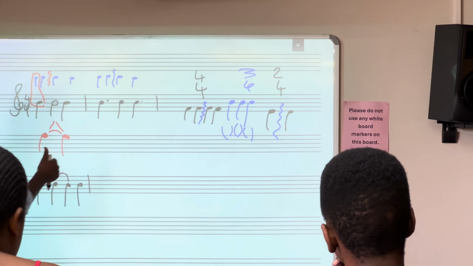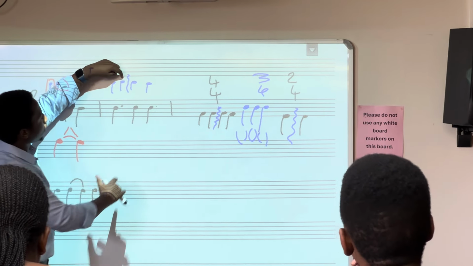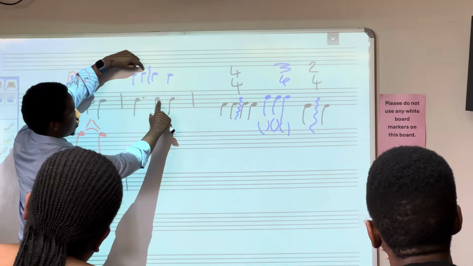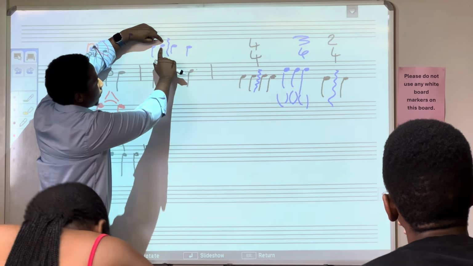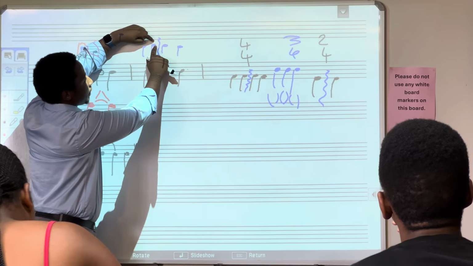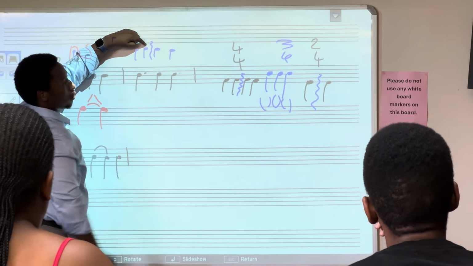Still good. Now, what happens next? So I still have a half left over here. But now I'm playing this. By the time I'm done with this, I'm playing this, which takes the other half and takes this one here as well. So it takes the next half here, and then the half is taken there as well.